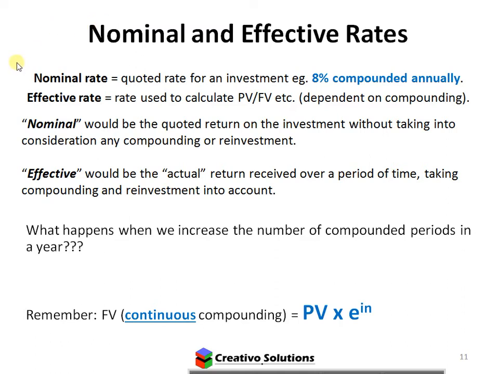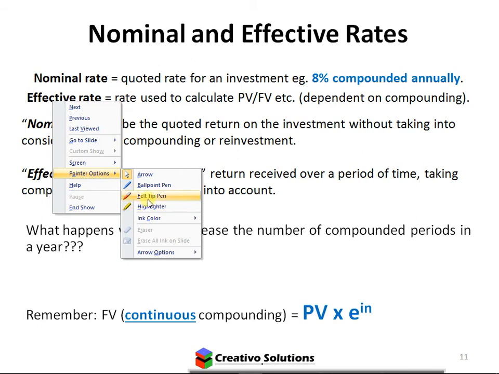So, can I increase the number of compound periods? Yes, I can. Okay, if I've got a year, how many periods? One. Okay, if I split that into months, how many periods will I have? 12. So have I made more periods or less? I've made more periods. So what happens when I increase the number of periods during the year?